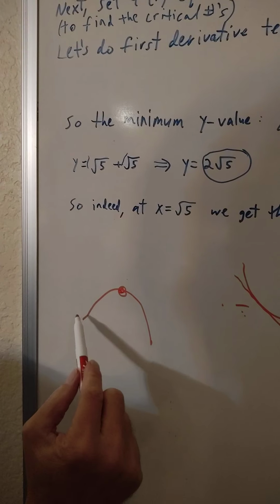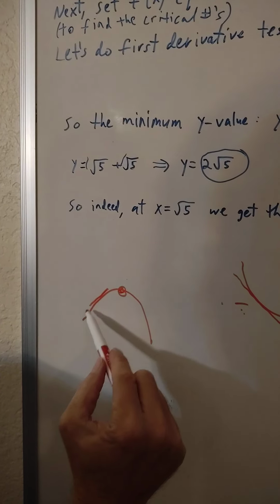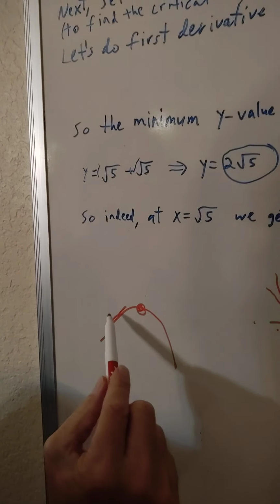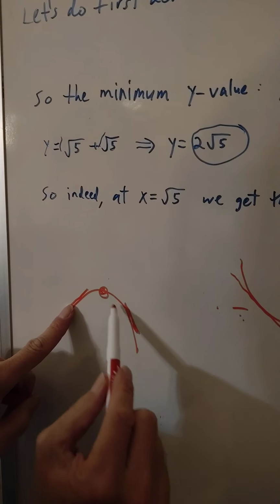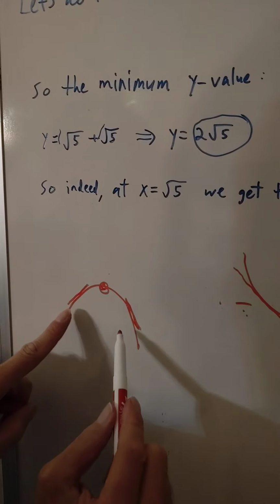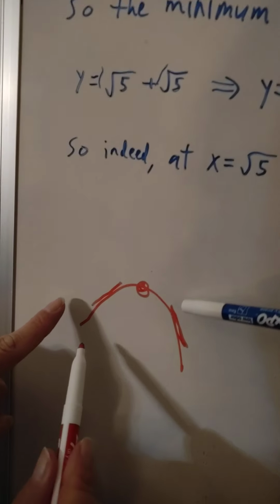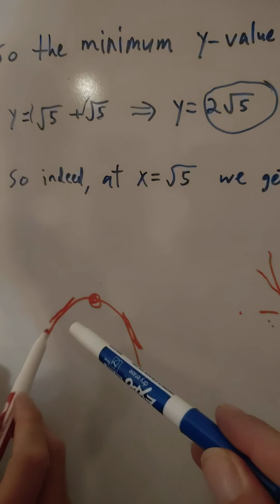And if you look at this graph left to right, here the graph is increasing, which means a positive slope for the tangent line, which means f prime is positive. And then over here, the graph is decreasing. So we have a slope of a tangent line that's negative, which means f prime is negative. So we remember from algebra class, a downhill line gives you a negative slope, an uphill line gives you a positive slope.